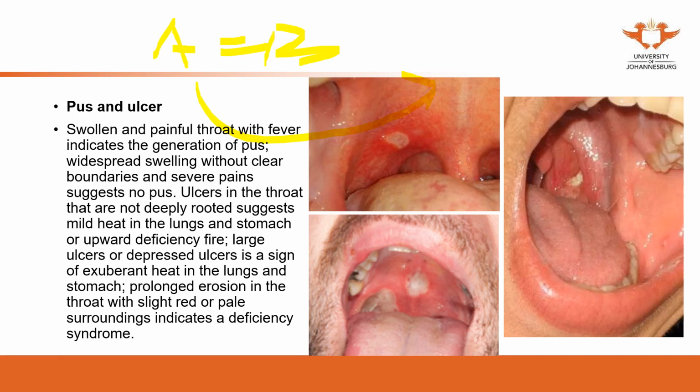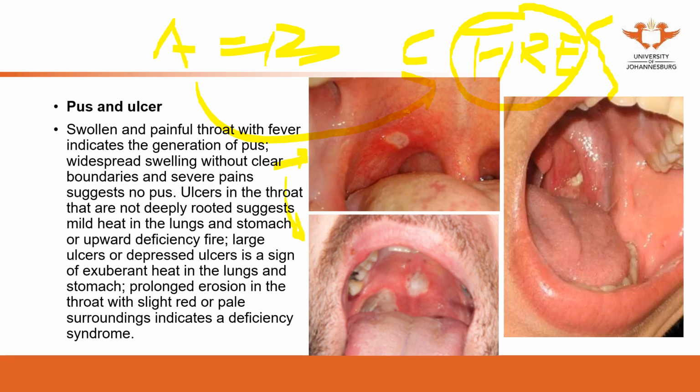Then in the category of fire, you're also going to distinguish excess fire and deficiency fire. So that's yin and yang. Within yin and yang, you also have yin and yang in yin and yang. That's the theory.